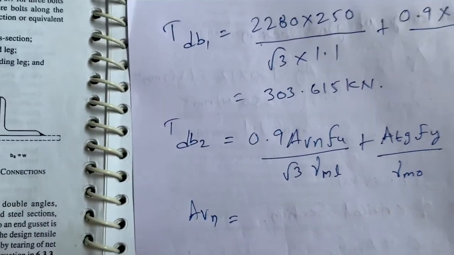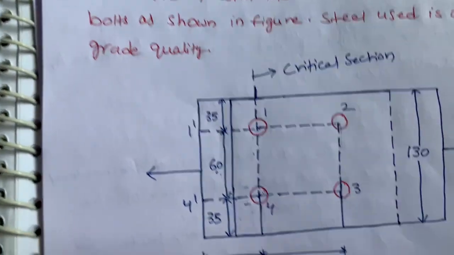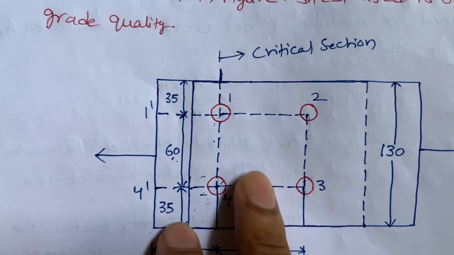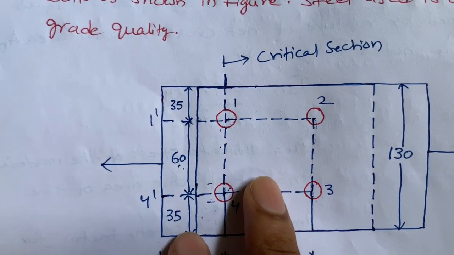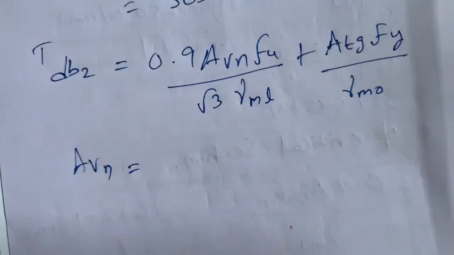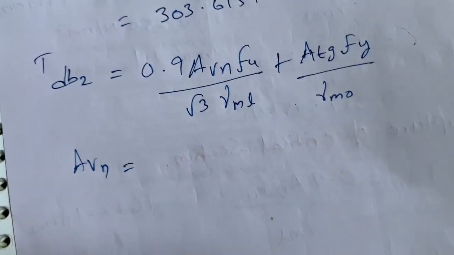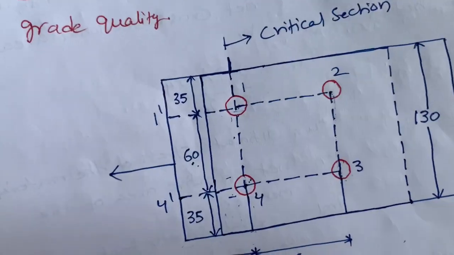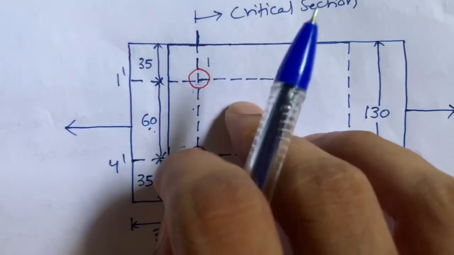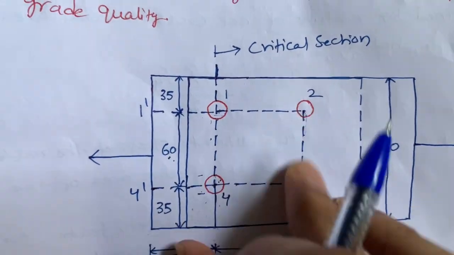Okay, so like this I will show our problem. We need to calculate AVN, the net area in shear. First we need to find out the net area in shear. So our diagram is this one. This is our shear direction, this is our tension direction.